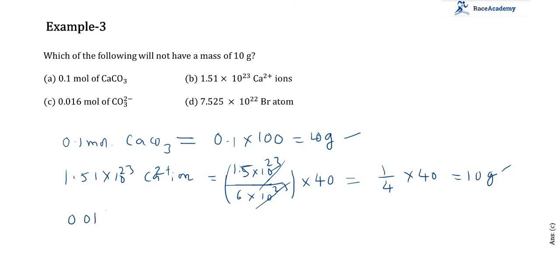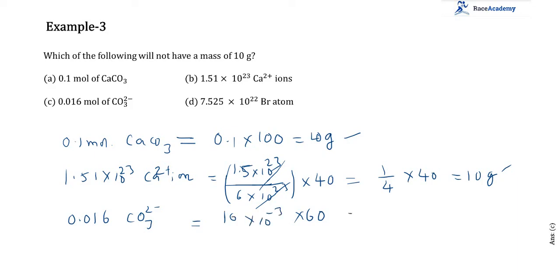But 0.016, the next one, carbonate ions. Here one carbonate has formula mass 60. 0.016 moles means 16 into 10 power minus 3.